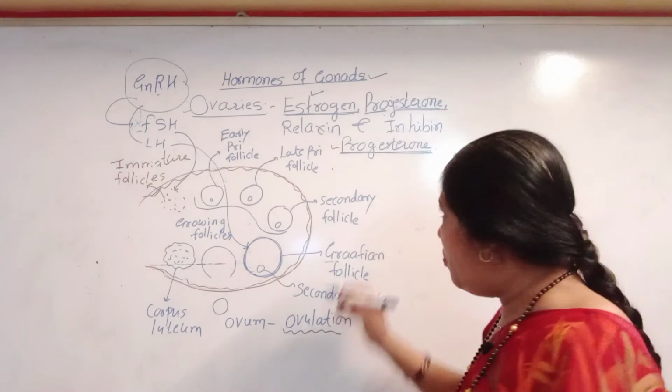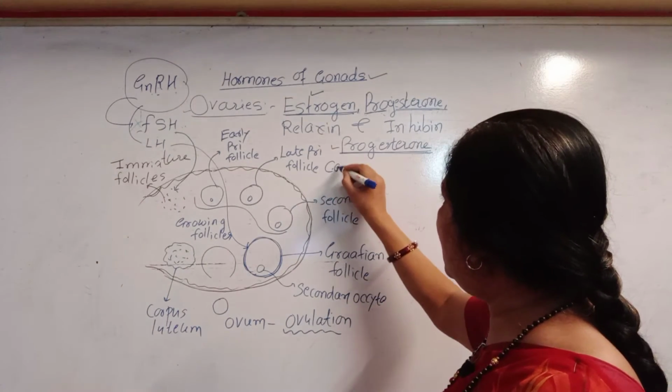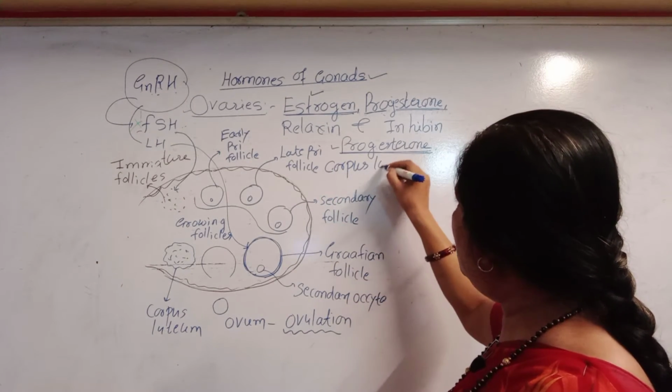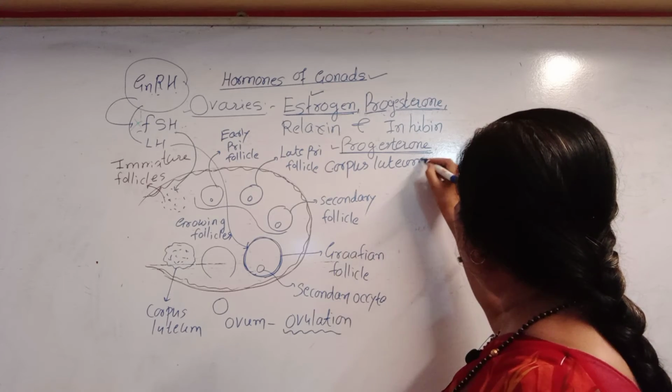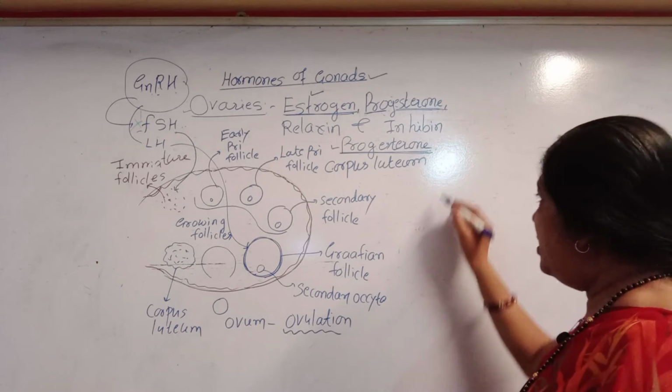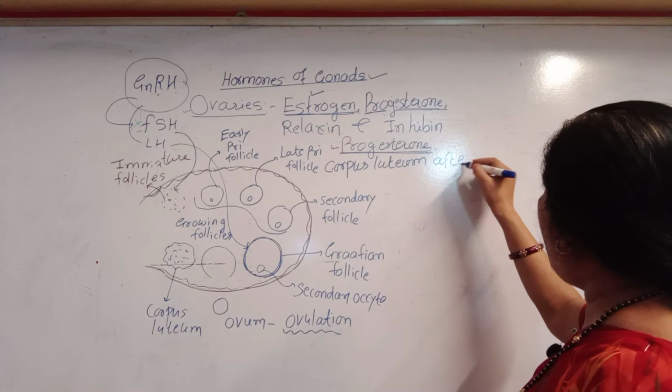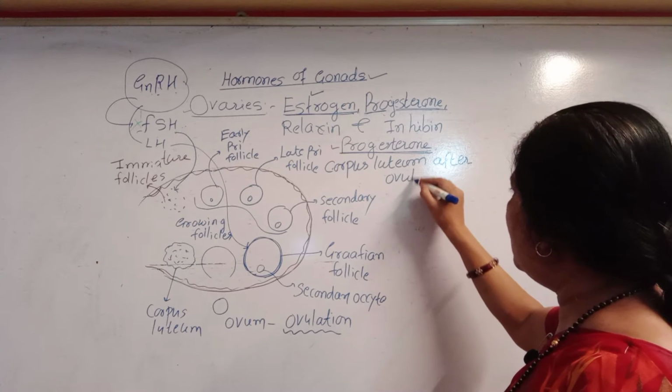So progesterone is the hormone which is secreted by corpus luteum of the ovary, but after ovulation.